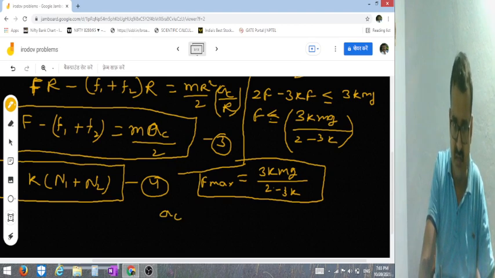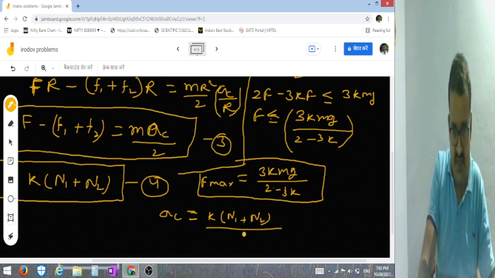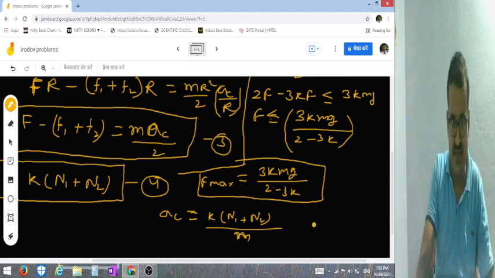we can use equation number 1, that acceleration is equal to K times (N1 plus N2) divided by small m. From equation number 1 and equation number 3 perhaps we can do that.